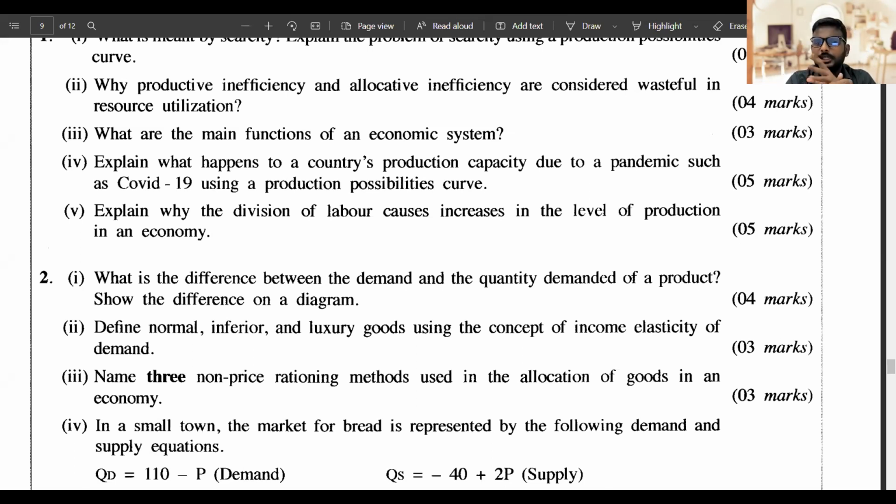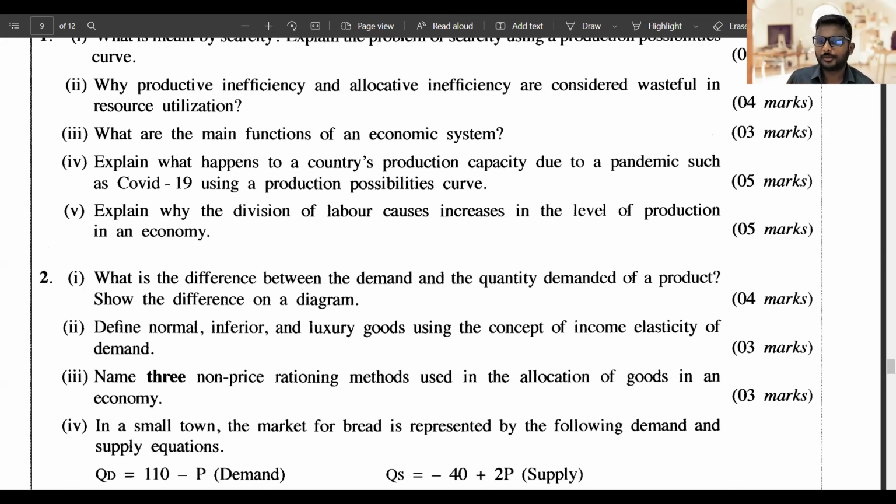Yeah. So the thing is, in business studies, division of labor is one major part of how this whole commerce came into being. If not for division of labor, sometimes we might not have these businesses and commerce existing at all.